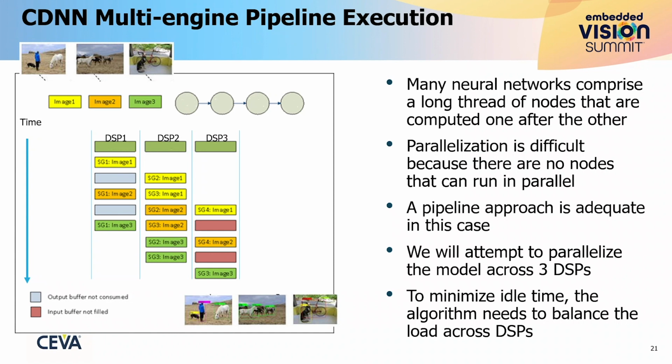Now we need to make sure that the sections of the pipeline are well balanced. Otherwise, we will have idle time. The first core finishes quite quickly, but then the second DSP has twice as much processing to do. So the first core cannot resume or begin the processing of the second image until the buffer is freed up.